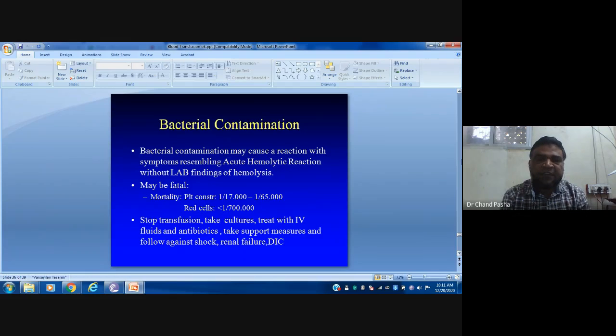Generally this can be identified easily if the patient has fever or other signs along with the hemolysis. In normal hemolysis, fever does not come, only chills come. But in this case, fever also will come. So you need to immediately stop the transfusion of infected blood, give some antibiotics and fluids, and check for kidney damage.